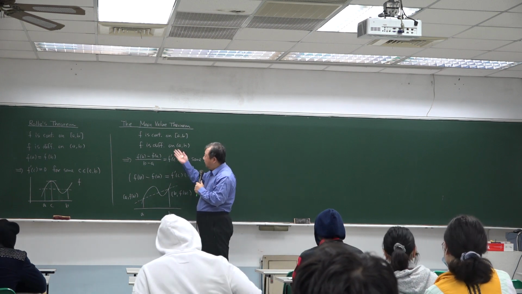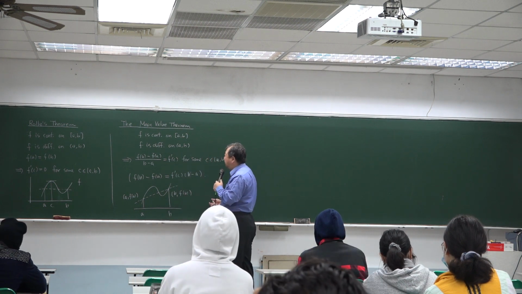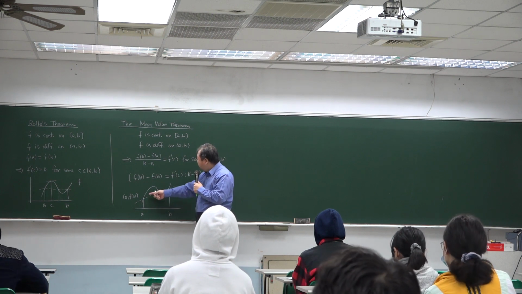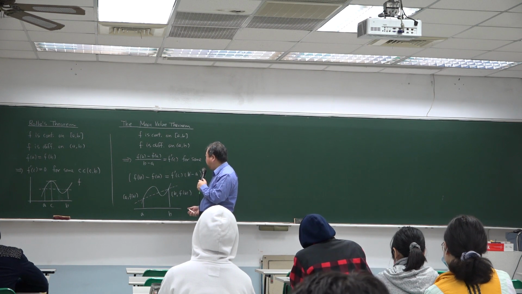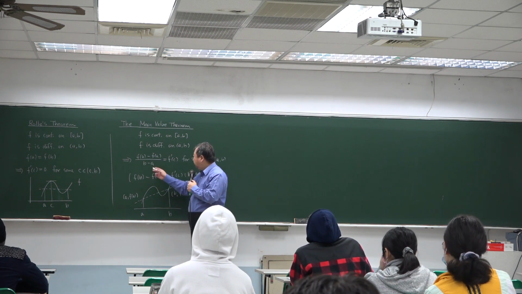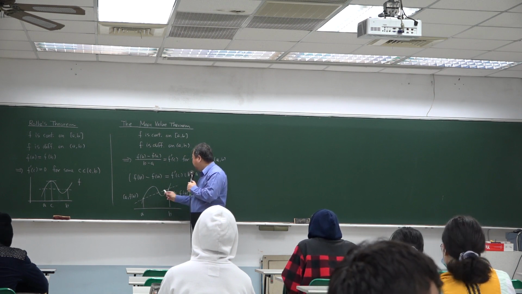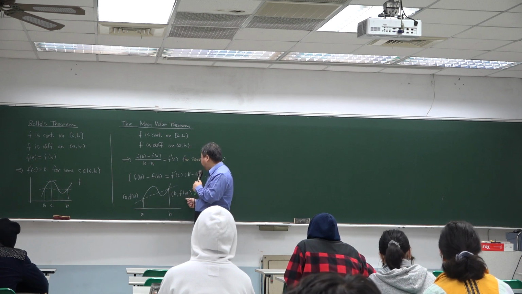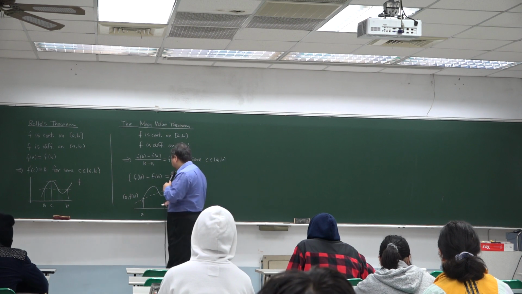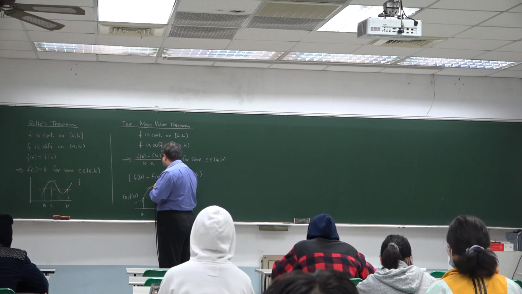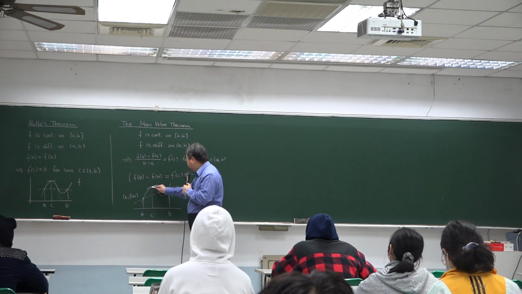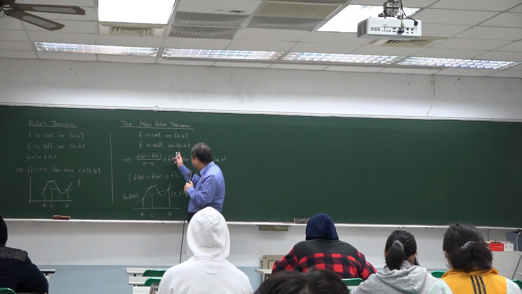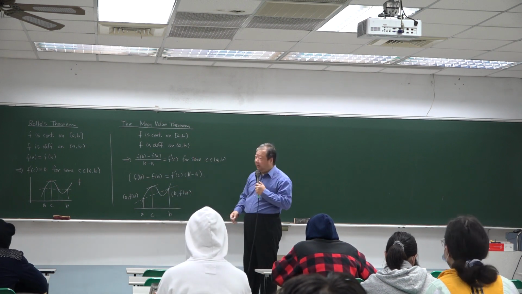Again, under very gentle conditions, f is continuous on the closed interval and differentiable on the open interval, then the slope of the line passing through f of a and f of b equals the slope of some tangent to this curve at some point whose first coordinate is in (a, b).